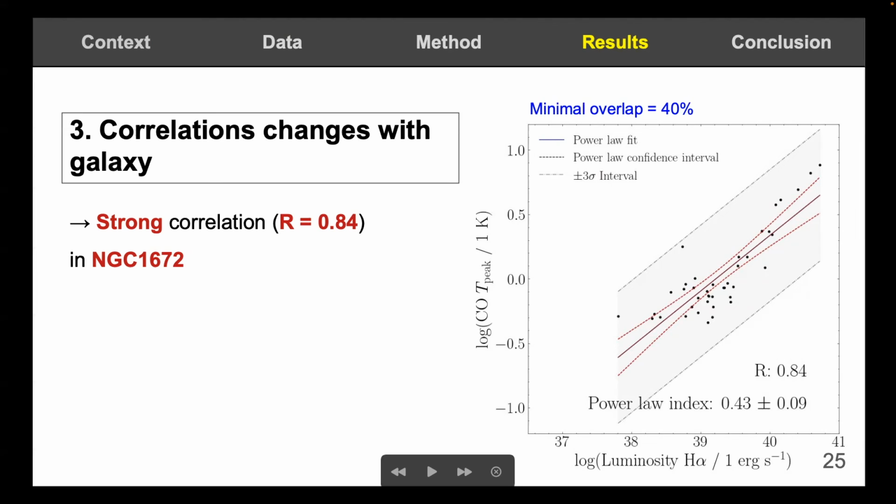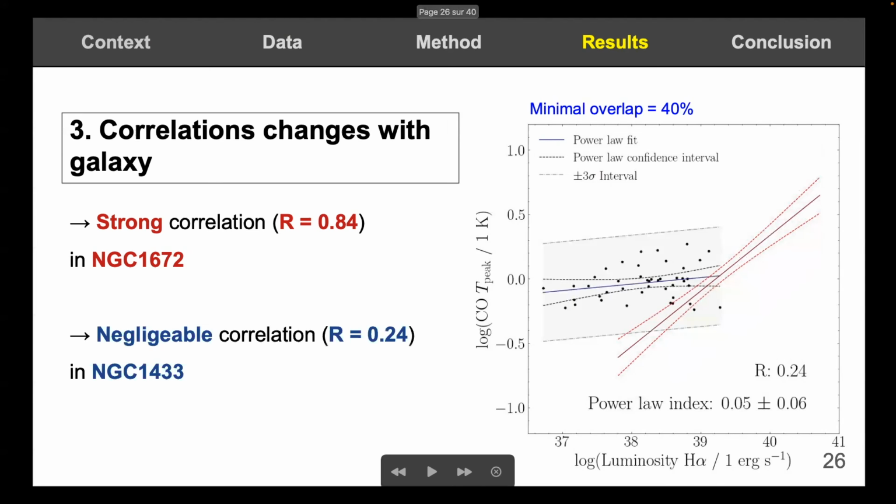And now if we look, say, at NGC 1433, there is a very weak, if not negligible correlation, which means that even though globally there is a correlation between cloud properties and H-alpha luminosity, there is a very large variability of this correlation galaxy by galaxy.